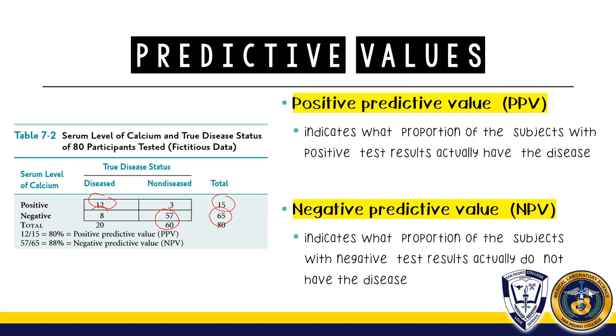Predictive value is difficult to interpret, especially if there is a presence of false positive or false negative findings. And second, predictive value is greatly influenced by the prevalence of your disease. I will emphasize this more later when we get to your likelihood ratio.